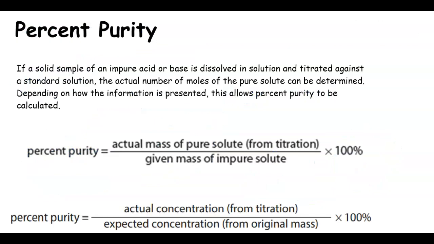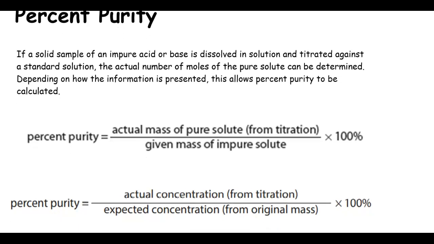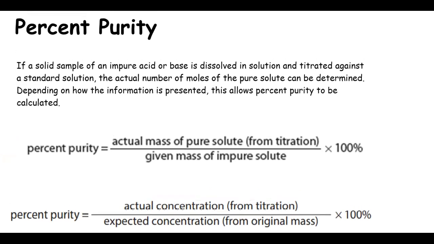Okay, lastly, percent purity. Okay, so percent purity is something different we haven't seen. So this is where you have a solid sample that may have some impurities in it.